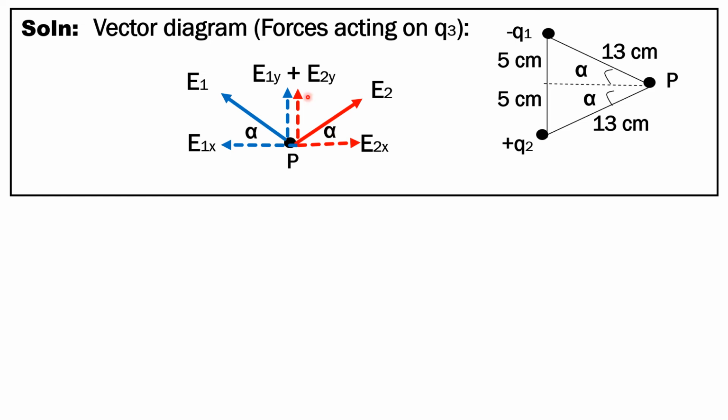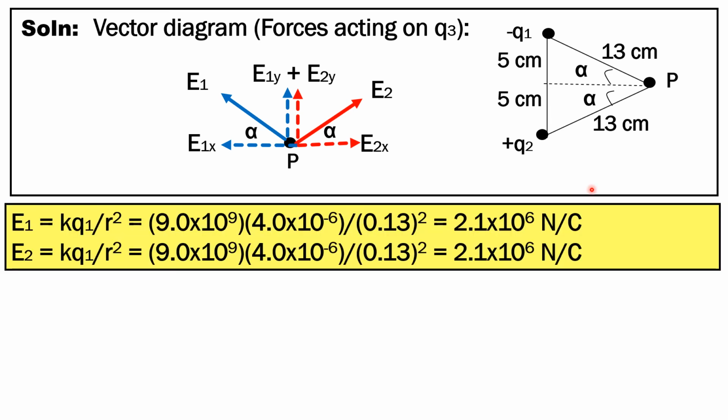Like in this case, electric field E1 and electric field E2 are neither in the same direction nor in opposite directions, but they make an angle alpha with respect to the horizontal. So the best way to determine their vector sum is the component method, meaning we resolve them one by one, getting the vertical component and the x component.